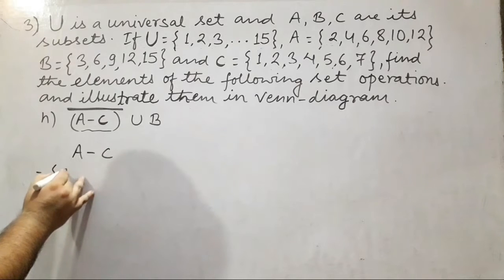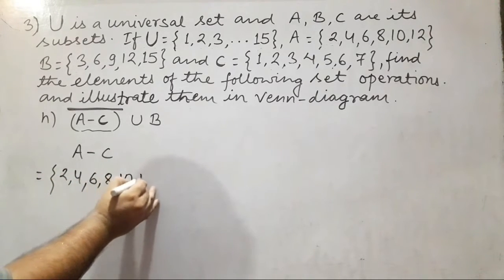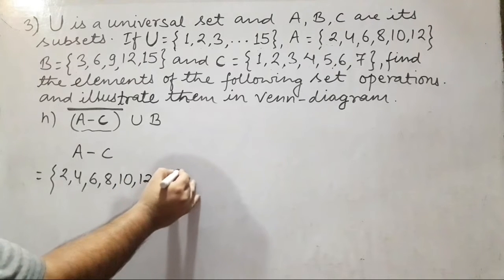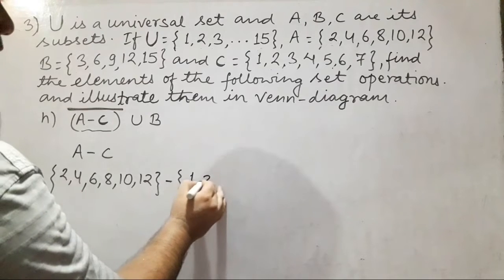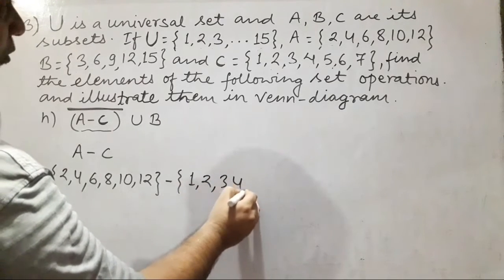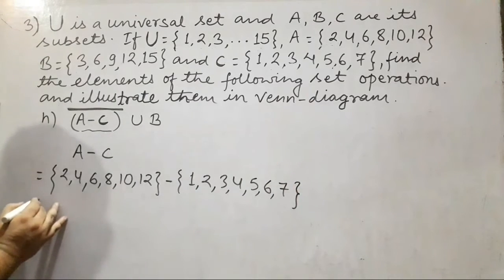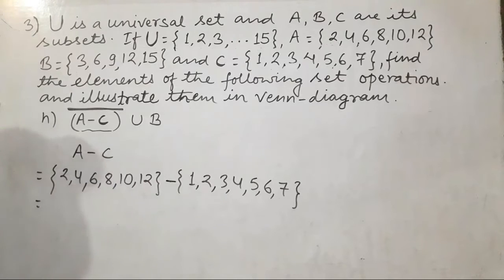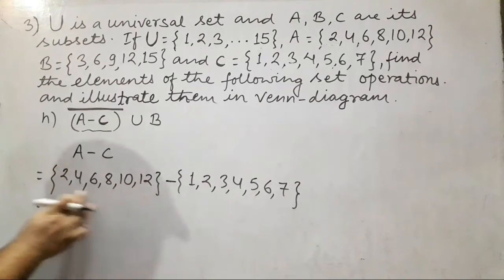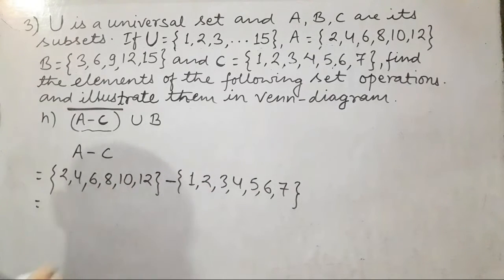The elements belonging in set A are 2, 4, 6, 8, 10, 12, minus the elements of C: 1, 2, 3, 4, 5, 6 and 7. Here there is minus, which means we have to write down the elements that remain after cancelling the common elements.